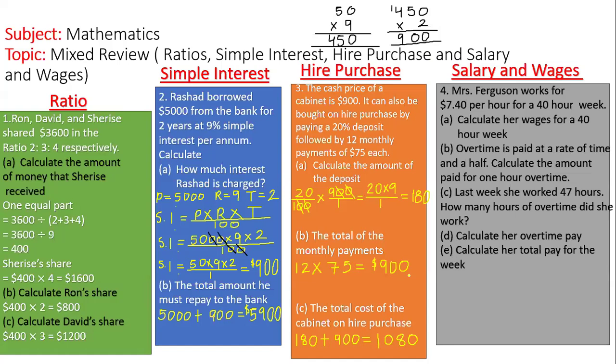Very good. Now, salary and wages is what we did. By the way, how much would be saved if cash was being paid? 180. Yeah, 180. All right, go ahead.